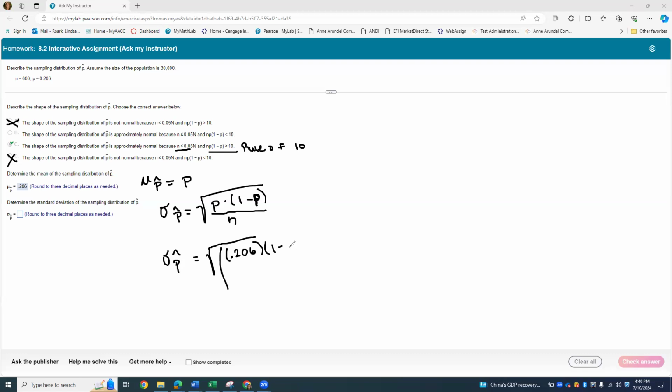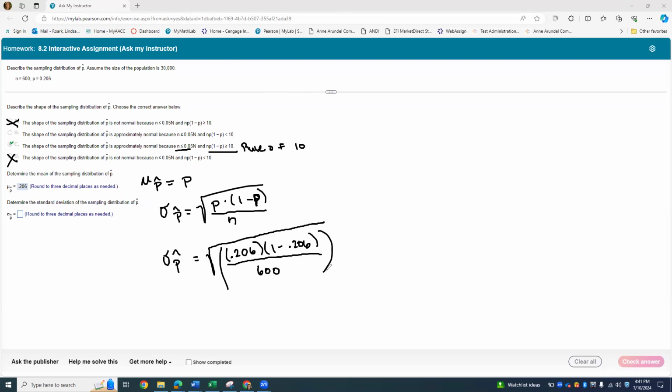You have the square root symbol, and then one extra large parenthesis to start out what you're putting inside the square root, and then another parenthesis, 0.206, close parenthesis, new parenthesis, 1 minus 0.206, close parenthesis, divided by n, which is 600. Then close off that parenthesis, and that will give you the correct standard deviation if you want to try the graphing calculator.